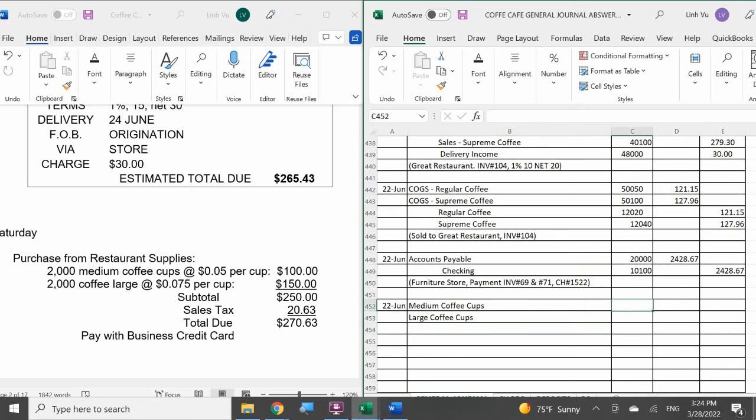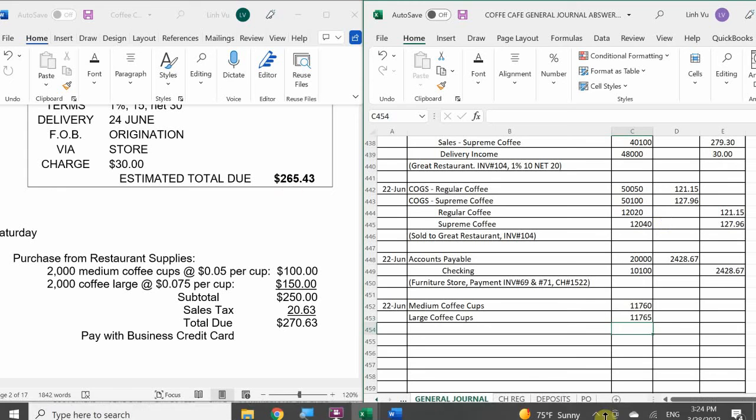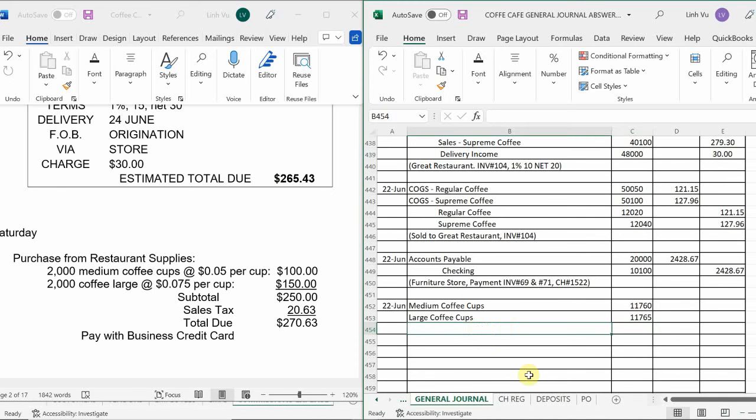Okay, got it. 11,760 and 11,765. Yes. Okay, good. Visa payable. Good. It's 22,000. So we paid using the business credit card, Visa payable.